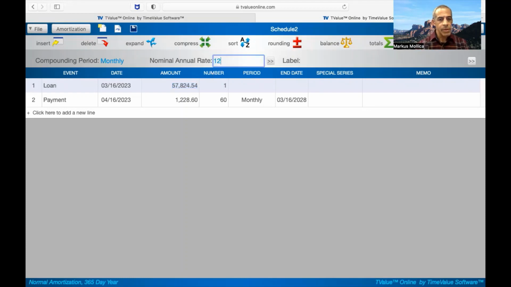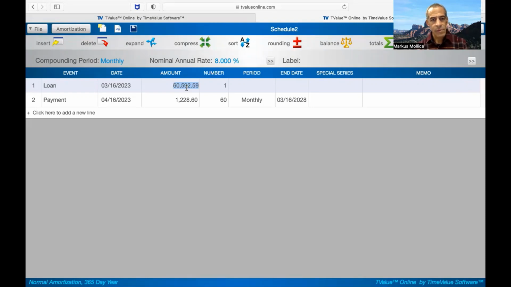I can sell that partial with a yield of 12% for 55,000. Or I can go in the opposite direction and sell it to somebody for, let's say, an 8% return for 60,000. So anywhere from 55 to 60,000, I can sell that 5 years of payments. That's the cash that I will get for that.